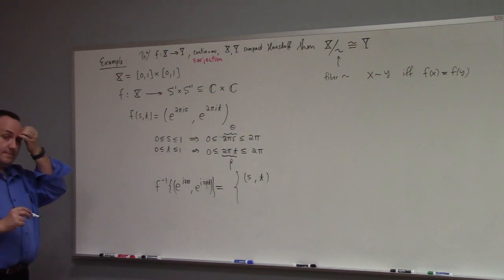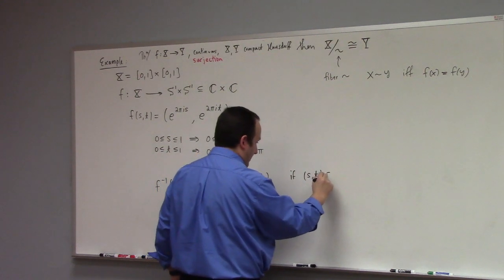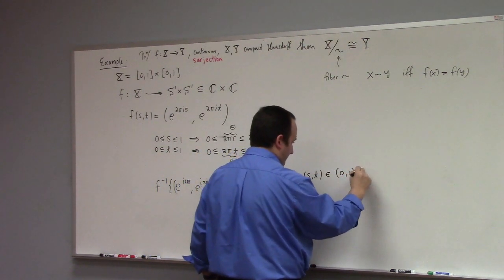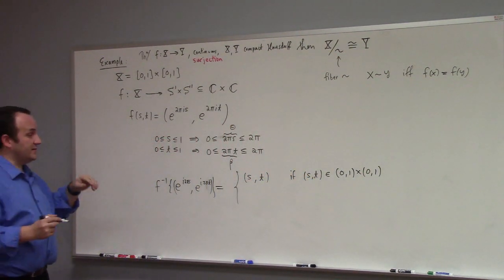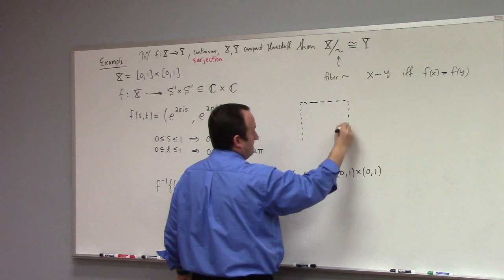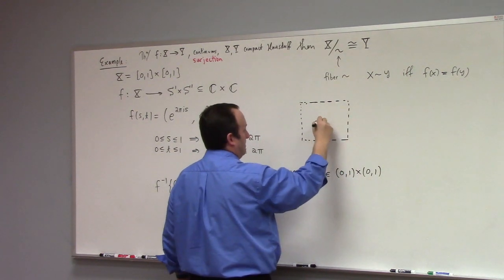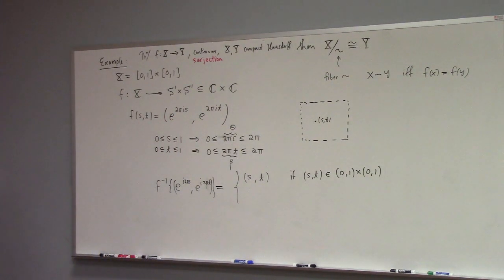If s,t is in the interior, then that's the only thing in the torus that's mapped to e to the 2 pi i s, e to the 2 pi i t, right?